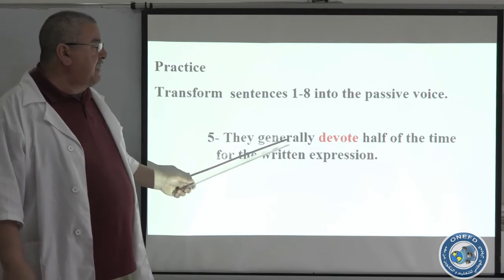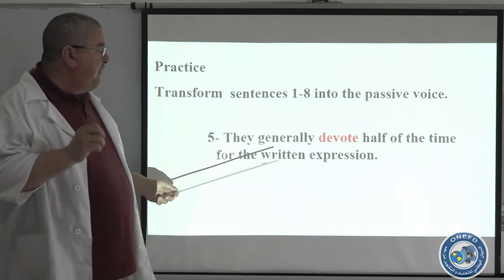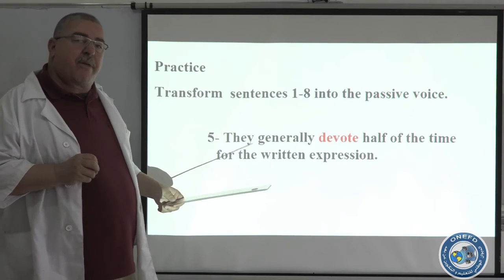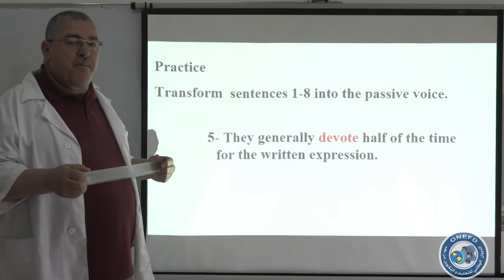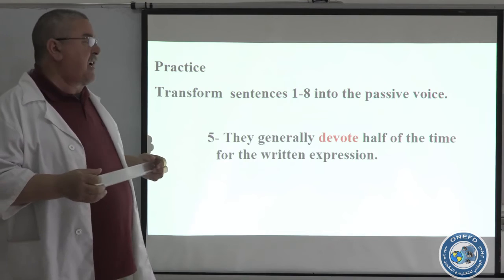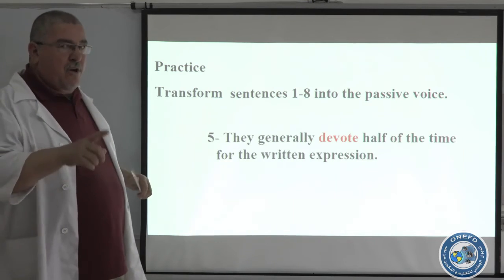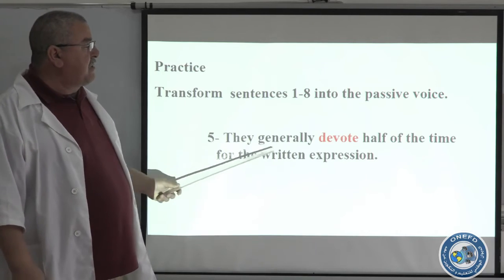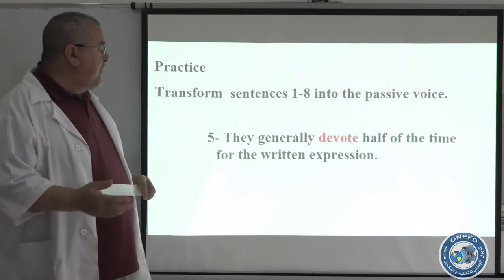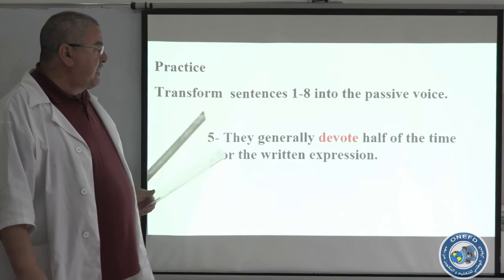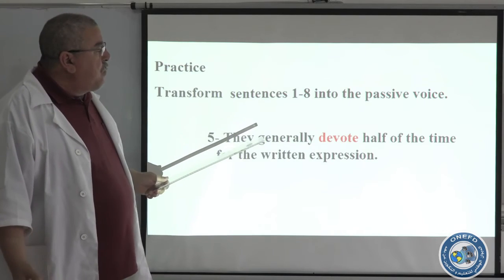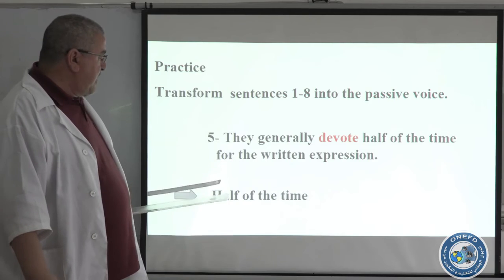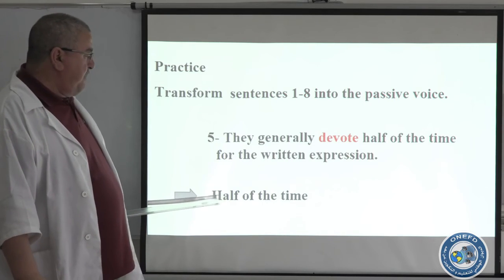They generally devote half of the time for the written expression. You all know that the written expression is an important part in your examinations, so you should devote half the time for it. Where is the object of the verb, the action here? It is half of the time.